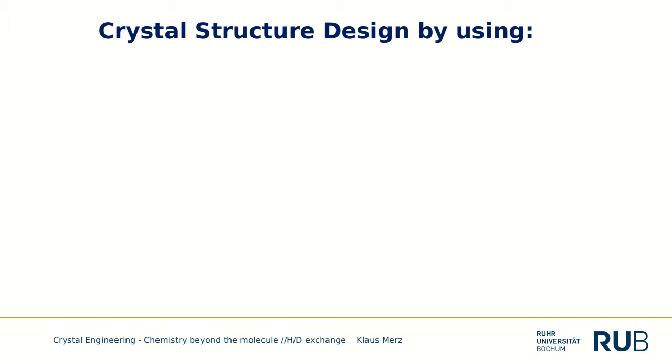Well, I've shown you in several videos that you can use strong hydrogen bonds in crystal engineering. You remember dicarboxylic acids or carboxylic acids. We can use strong halogen bonding, for example, iodine, nitrogen. We can use weak hydrogen bonds. I've shown you, for example, acetylene or something else.